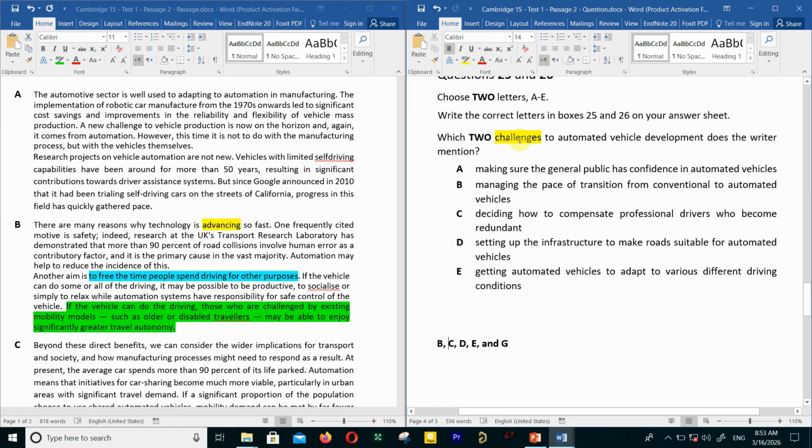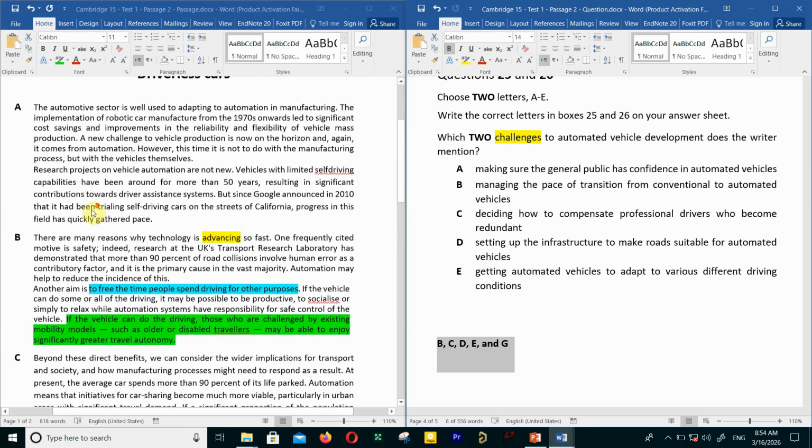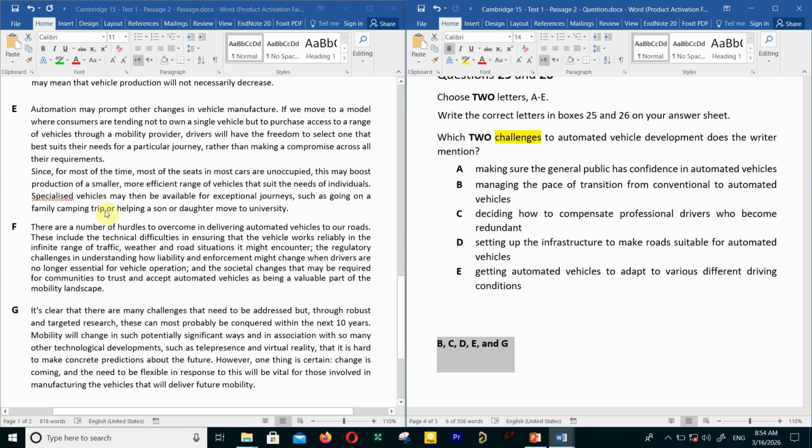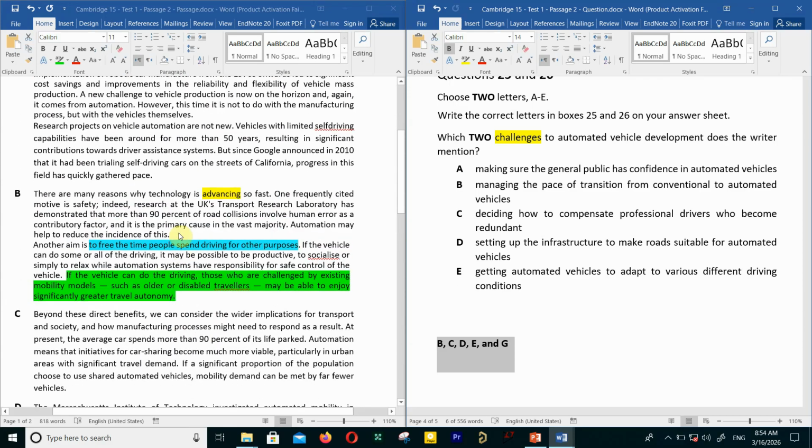If you find something relating to this in this multiple choice question, multiple matching information like the previous one, you could choose it. Other than that, there may be some paragraphs left. Of all the paragraphs, we never see A and F. So it is possible to find the challenges in these two paragraphs.